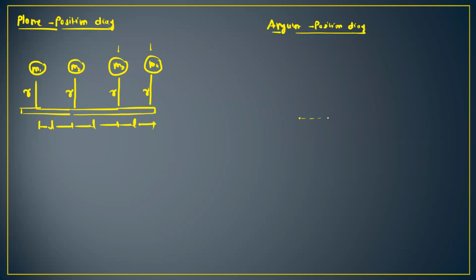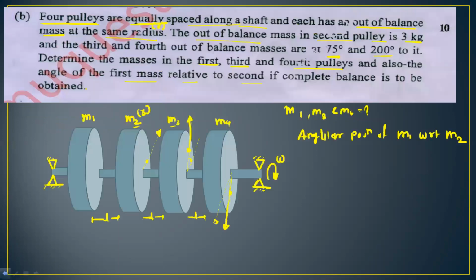along the x-axis, that is, this angle is 0. So this is the mass m2. Then mass m3, its angle is 75 degrees.